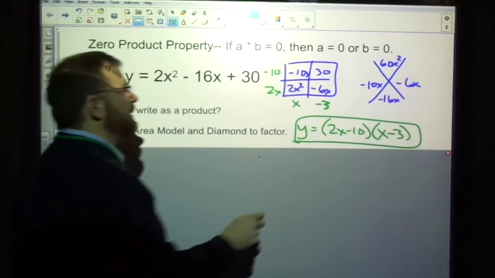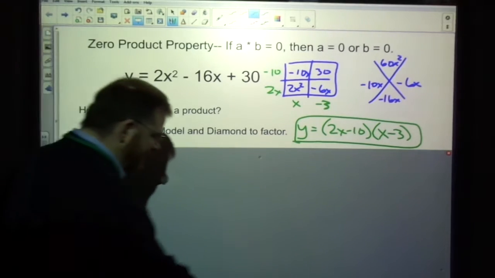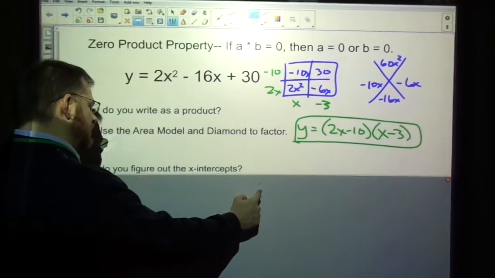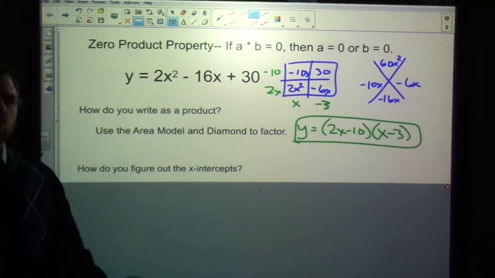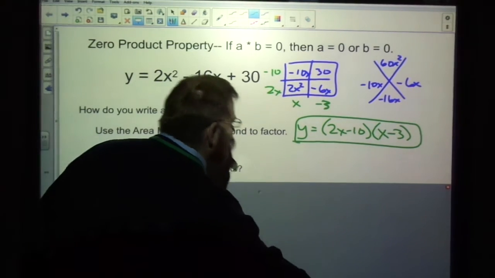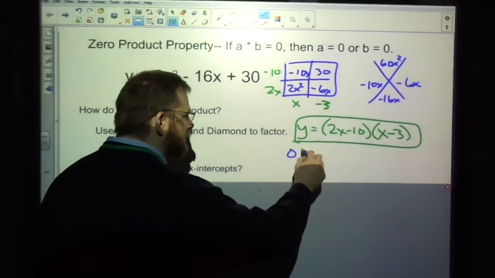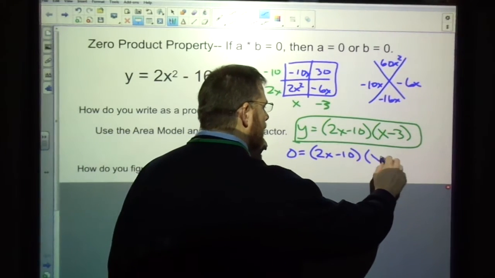So now I have written this, changed it from a sum to a product. And that helps me because when I'm trying to figure out the x-intercepts, remember the x-intercepts are the x values when y is 0. So what I really need to do here is let y equal 0 in my factored form.